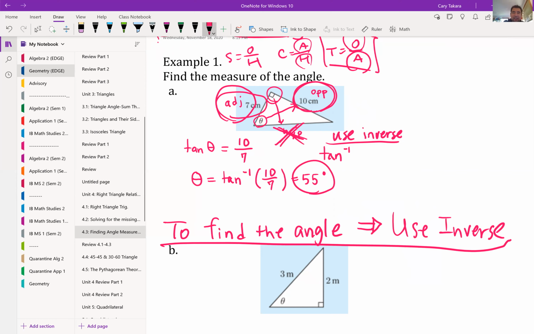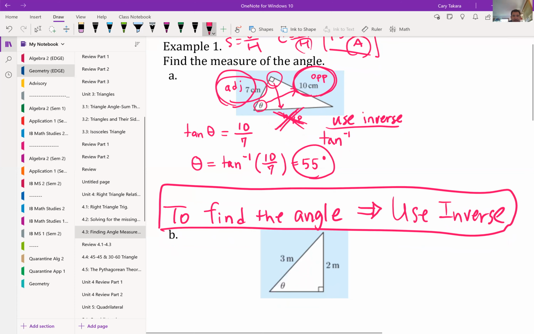Will you write this down in your notes and let's make a big block around it. I'm going to ask you tomorrow. I'm going to ask you next week: how do you find the angle measurement? And I want you to say, use inverse. No cross multiplication. Okay, use inverse.